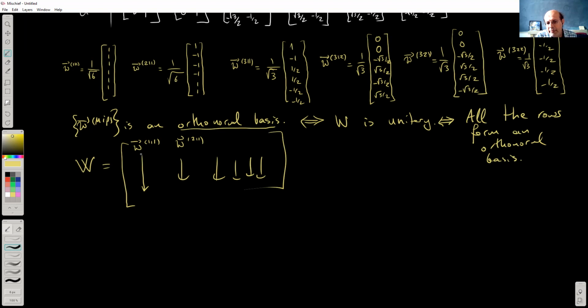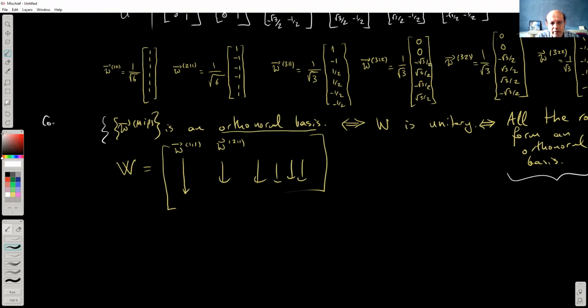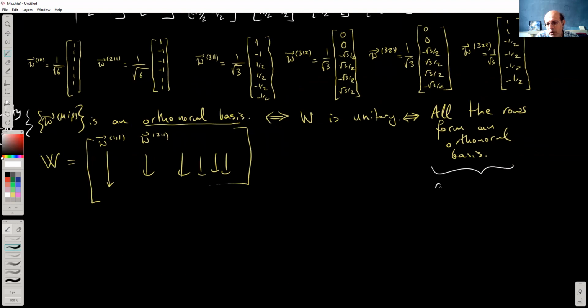But interestingly, you can find another relationship between these matrix elements, provided that this is an orthonormal basis. Let's say this is the orthogonality of matrix elements, and these other relations are called the completeness of the matrix elements.